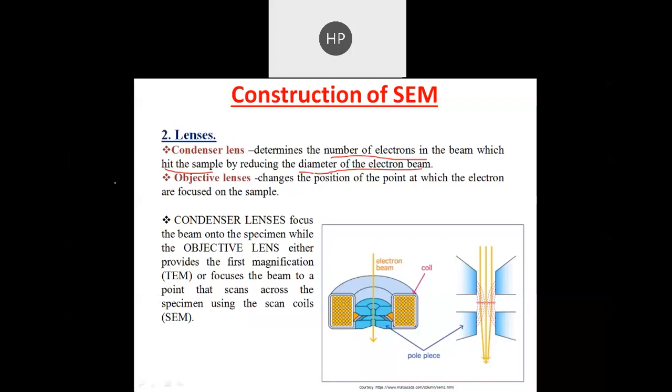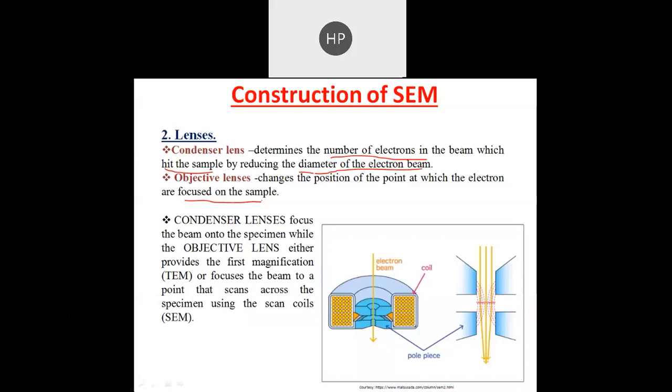Then the second lens is an objective lens that changes the position of the point at which the electrons are focused on a sample. Okay, so it is used to change the focus of the electrons on a sample.